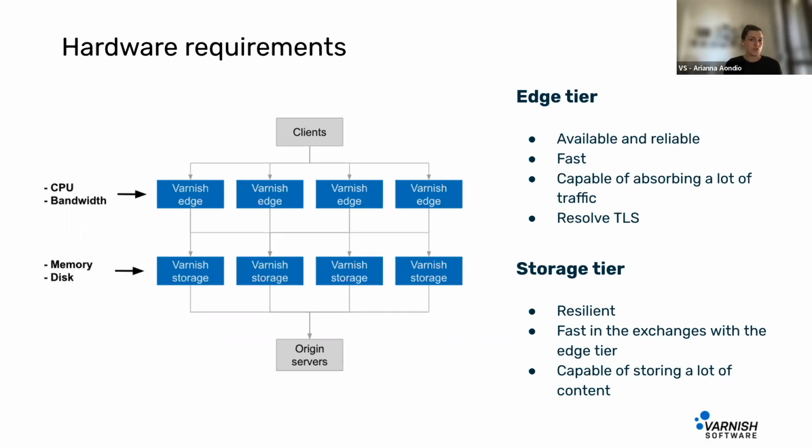Again, Varnish is not CPU greedy, but we need to consider CPU usage on the edge tier, because that's where we do the TLS termination, and that's a bit more CPU expensive compared to other operations. But the bandwidth really is what we want to scale on this layer. Whereas on the storage layer, we want to scale storage in general, and that can either be disk or it can be RAM.